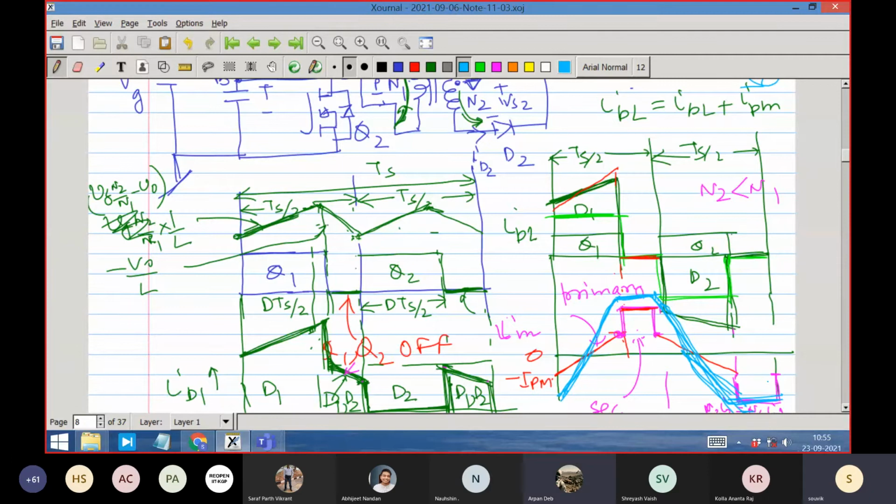Yeah. I had a doubt regarding the current waveform of the tapped inductor buck converter. If you have time, can you explain that part again? Not now. I will first do the flyback converter, and then if you stay, you stay.